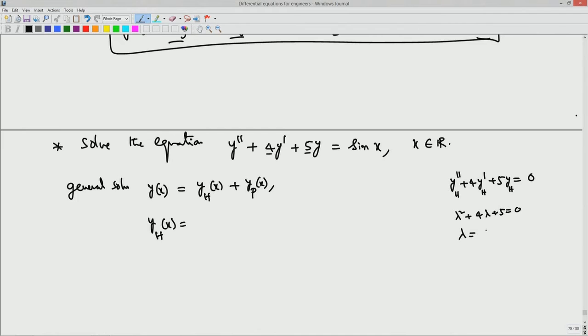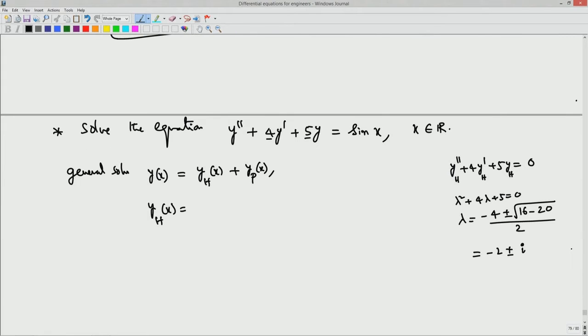Roots are minus b plus or minus square root of b square minus 4ac, divided by 2. So, minus 2 plus or minus, you have 4i under root, so that is simply i. So, the roots are minus 2 plus or minus i.